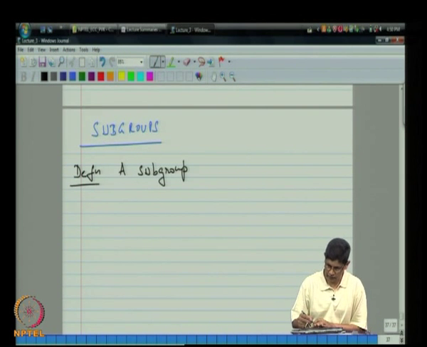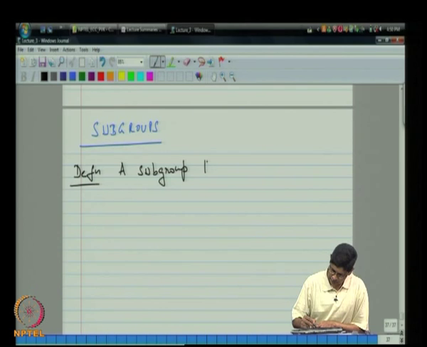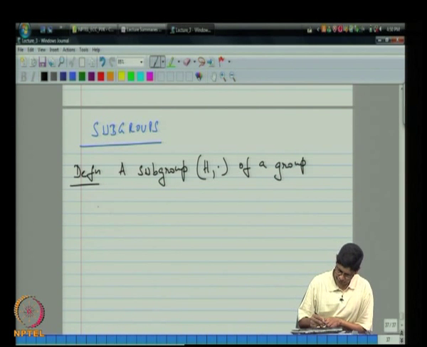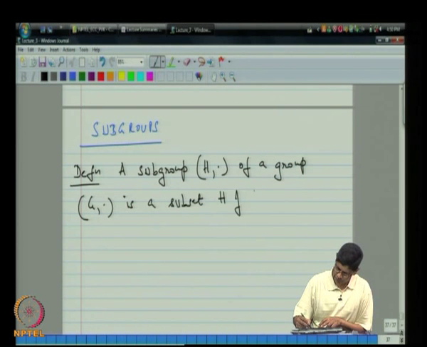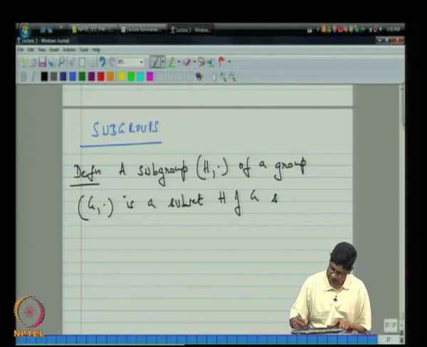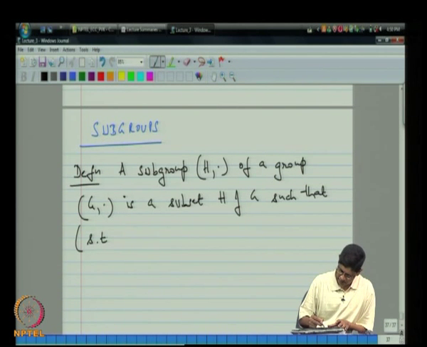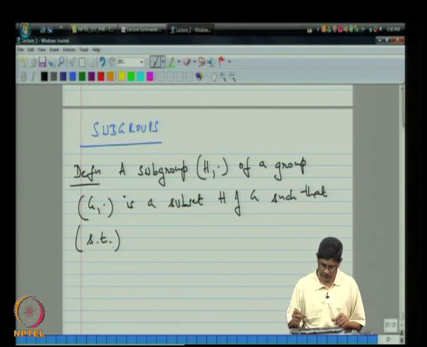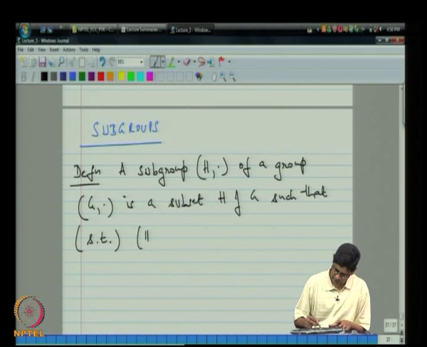A subgroup H of a group G is a subset H of G such that, and I will often abbreviate such that by writing s.t., such that H is a group by itself.